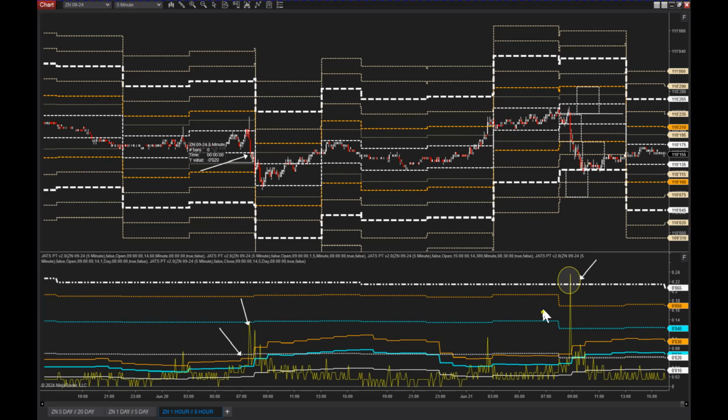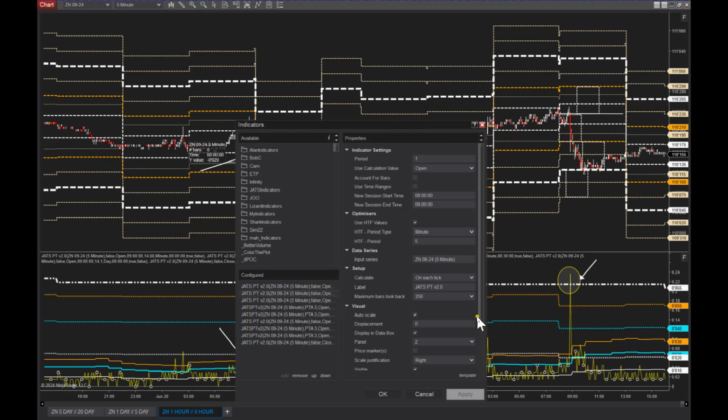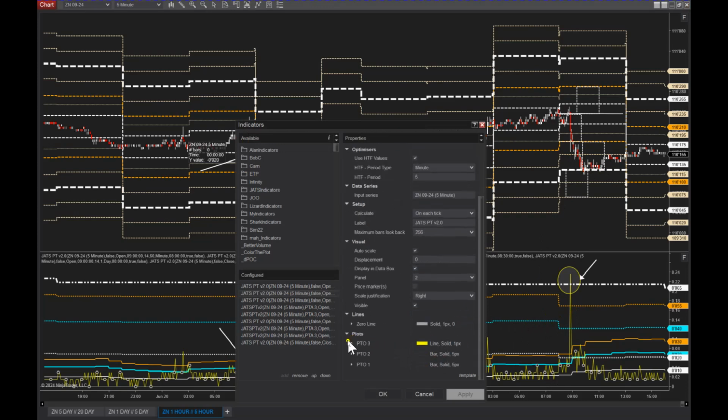You see that? So let me change this so that you can see it. You can't see it because it's a line and not a square. Let me make it a square, and you can see it. You'll see that it turned around and went back down.